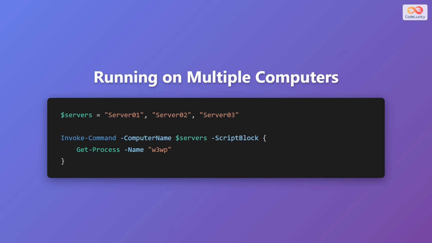The script block specifies that we want to get all processes named W3WP, which is the Internet Information Services Worker process. When you run this command, PowerShell will connect to all three servers at the same time and execute the Get-Process command on each one. This parallel execution saves tremendous time compared to running the command on each server individually. The results from all servers will be returned to your console, with each result tagged with the computer name it came from.